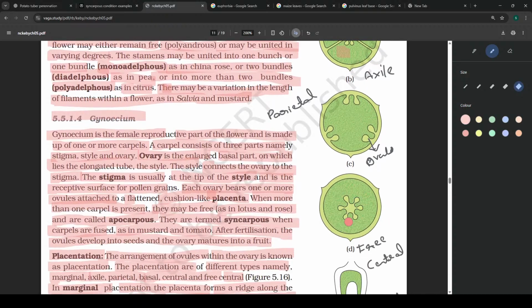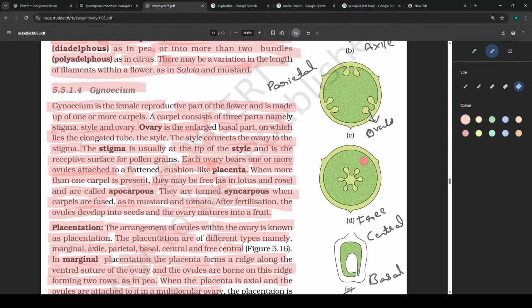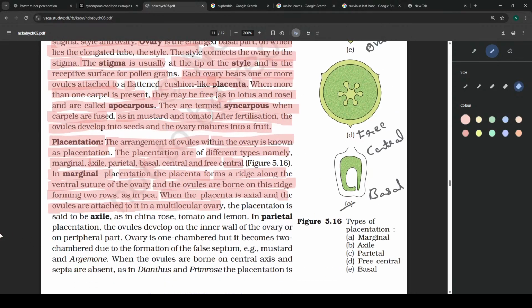There are no locules here. Both are arranged at the center, but there are locules here, no locules here. If they are arranged in a locular manner, multilocular ovary, it is axial placentation, as in China rose, tomato, and lemon.